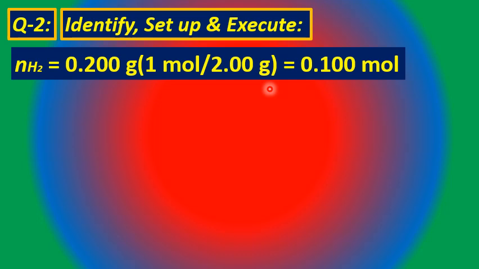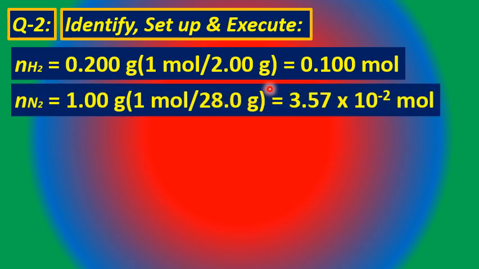Now for the nitrogen gas, there's 1.00 gram of nitrogen gas given. So again, dividing that by the molar mass of nitrogen, 28.0 grams per mole, we also get the mole equivalent for the nitrogen gas equal to 3.57 times 10 to the negative 2 power mole.